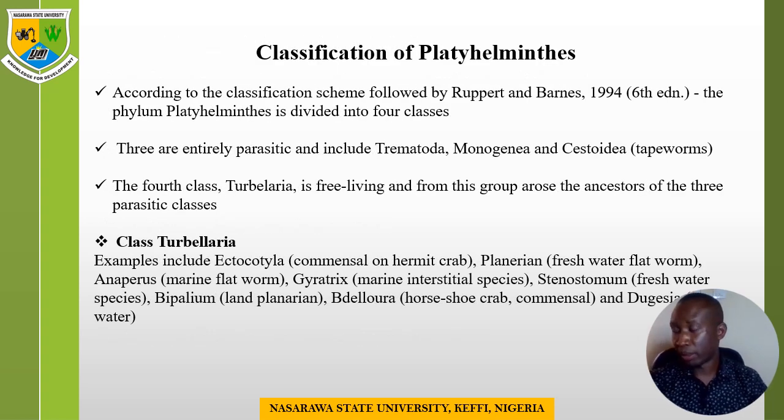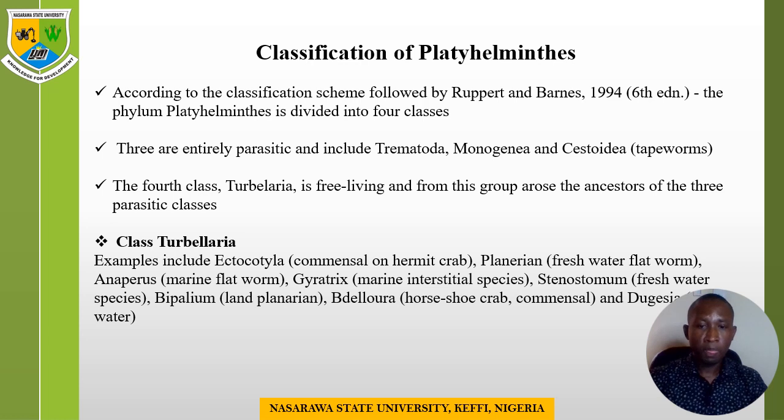Classification of platyhelminths. Platyhelminths are classified into four classes. Three of the classes are parasitic, and the organisms under one class are known as free living.